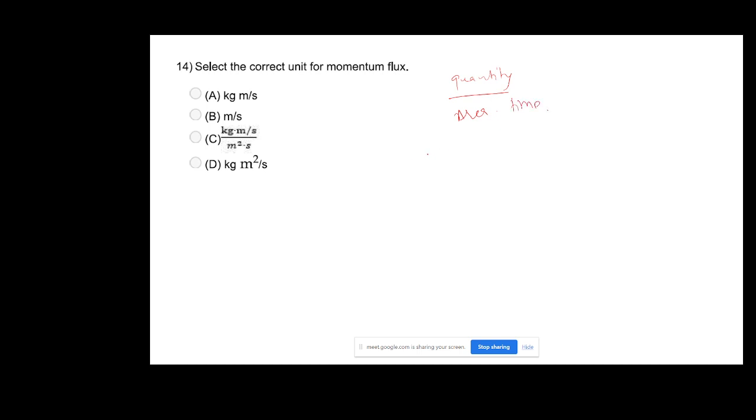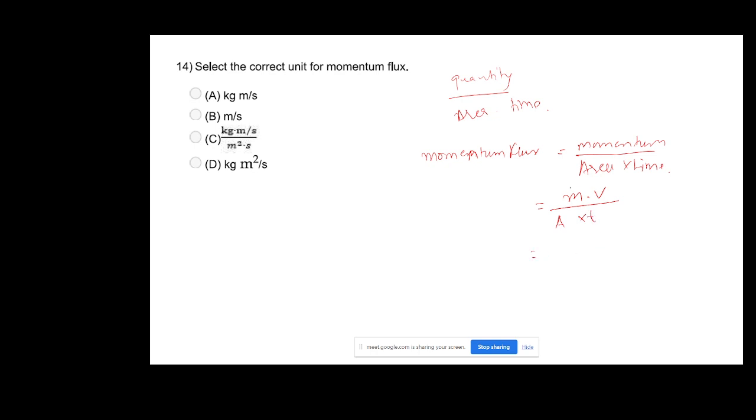So momentum flux will be nothing but momentum upon the area into time. The unit of momentum is nothing but mass into velocity, divided by area A into time t.